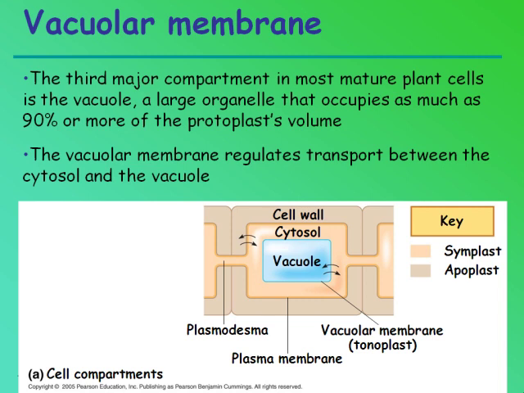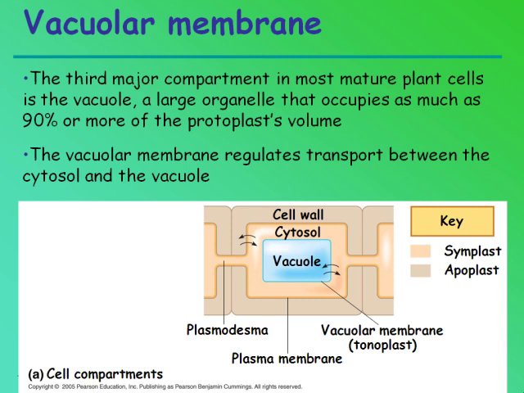Okay, so here are cells, the cell wall. Here are the plasmodesmata that link the cytosol, plasma membrane. Here's the tonoplast around the vacuole, and water moves back and forth.